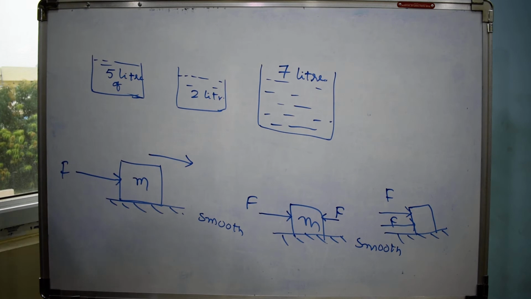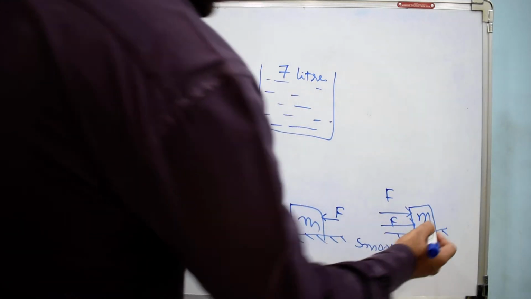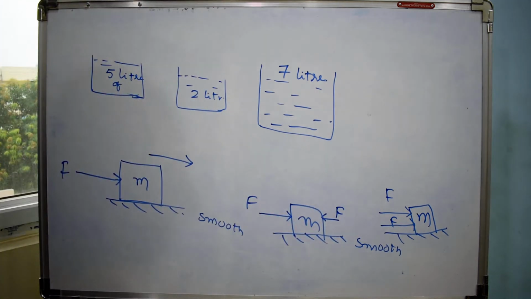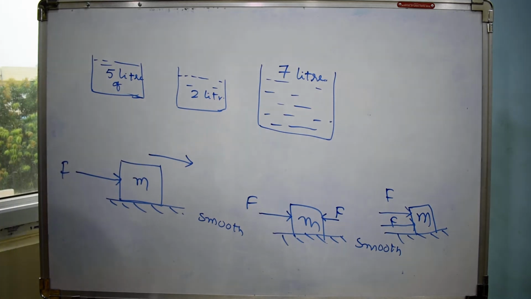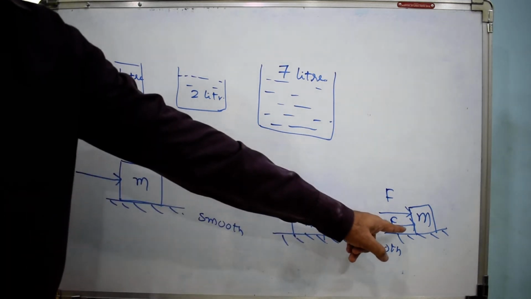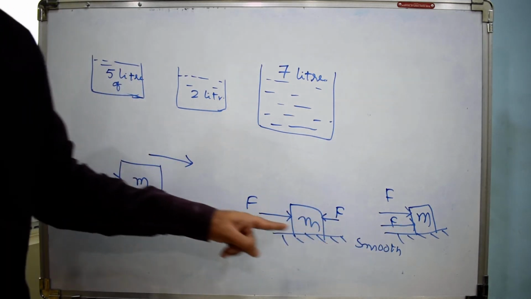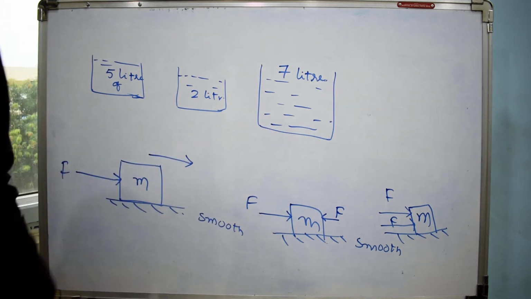If you want to feel it, you can take some object in your surroundings and perform this. And what's the reason? Here we had the same two people applying the same force F. Here also we have the same two people applying the same force F. But the difference is that in this situation, one of them changed their direction of application.